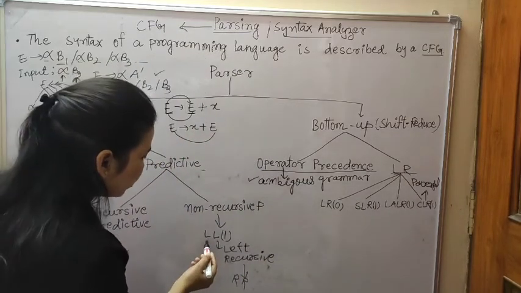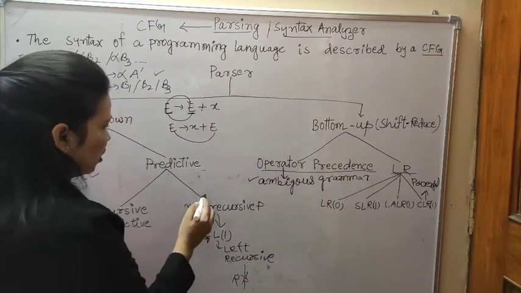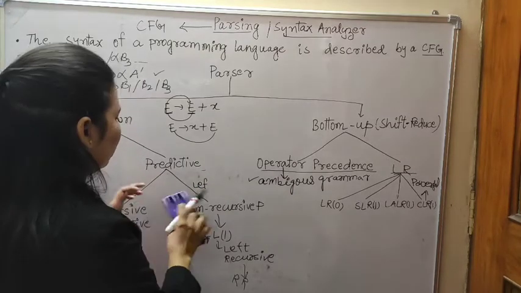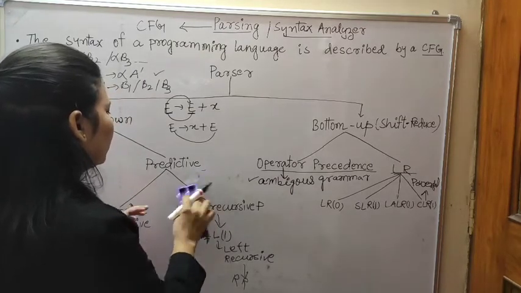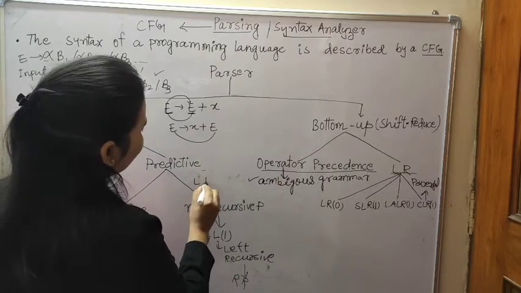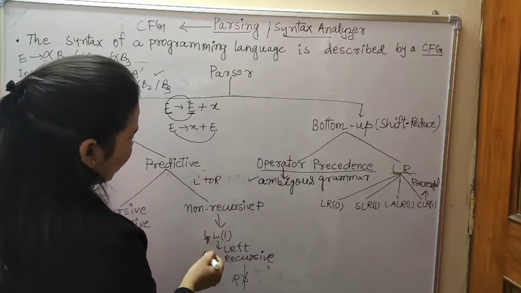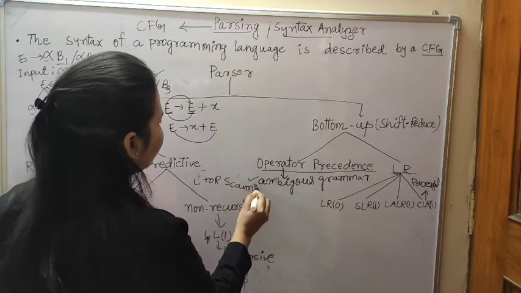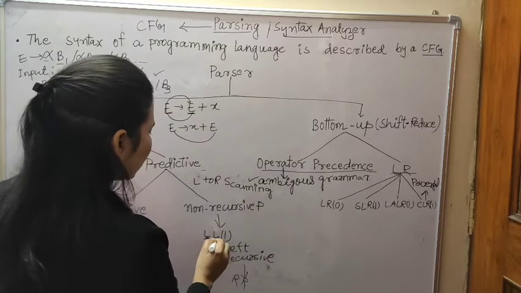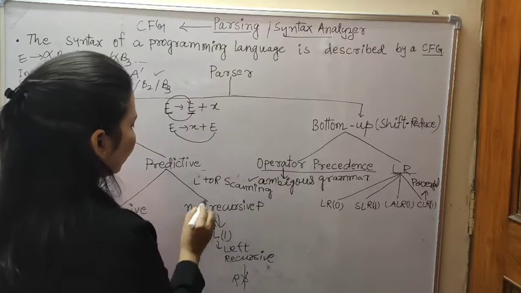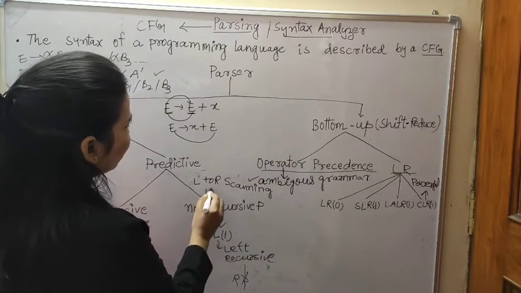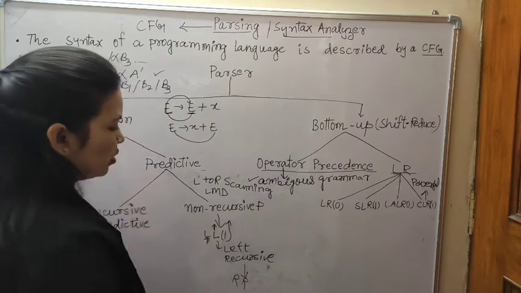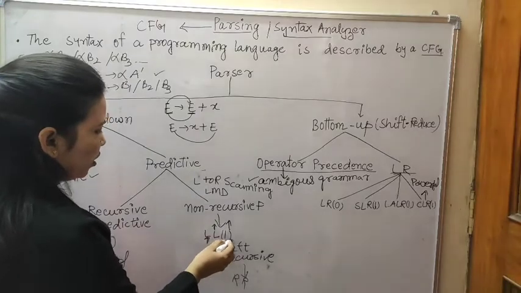In LL, the first L stands for left to right scanning, and the second L stands for leftmost derivation, and then the lookahead pointer, lookahead 1.